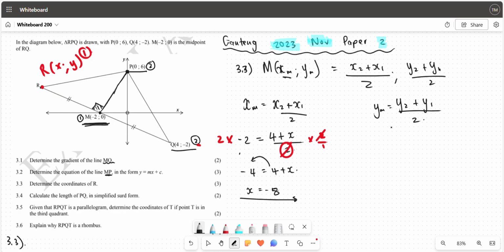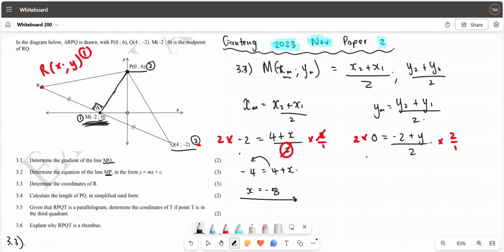Now we need to do the same thing here for y. So again, what am I doing? I'm substituting the y of the M, which is the 0, is equal to the y of the 2, which is the negative 2, plus the y of the R. And that's the guy I'm trying to solve for. Again, you just times by 2 on both sides.